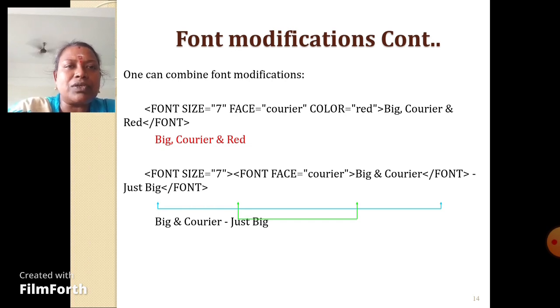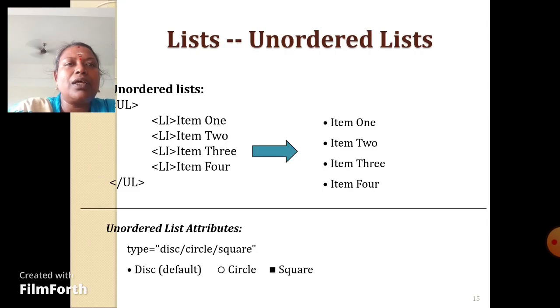So in this example, font size equal to 7, face equal to courier, color equal to red, displays the font, identifying the color, the font size and also the font. So this is font modification.